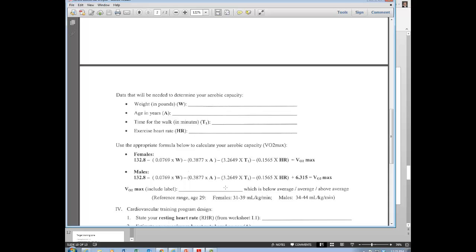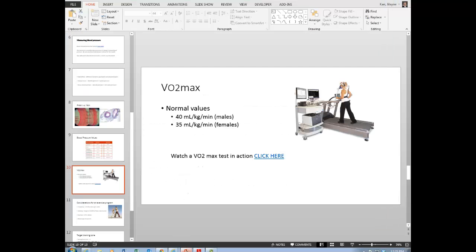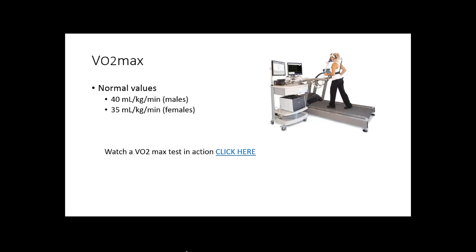So I have a video here showing someone getting a VO2 max done in a clinical setting. It's quite intense. It's not for everybody. They usually want to determine this in elite athletes to see if they can improve their cardiovascular fitness. So this is just an example of what that looks like.